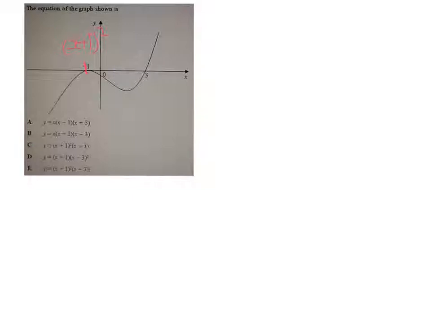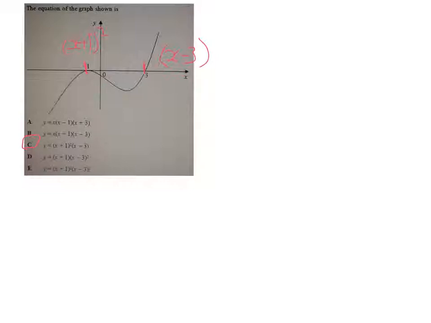Okay, and then over here we have an intercept at positive 3, that will represent a bracket of x minus 3. So to look through all of these options, which one of these has an x plus 1 all squared and an x minus 3 is option C. So that would be the correct answer for that one.